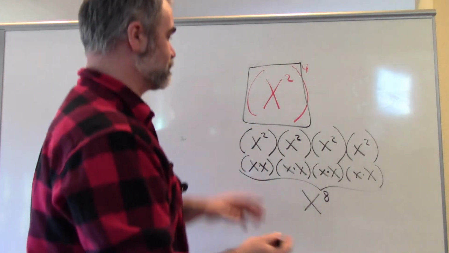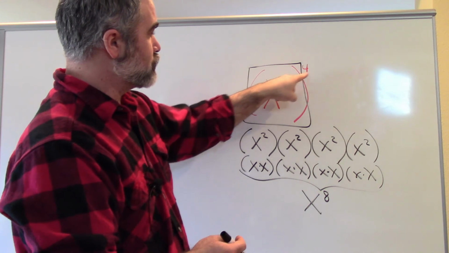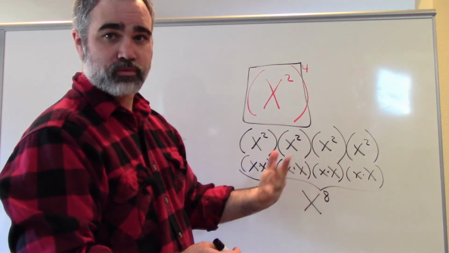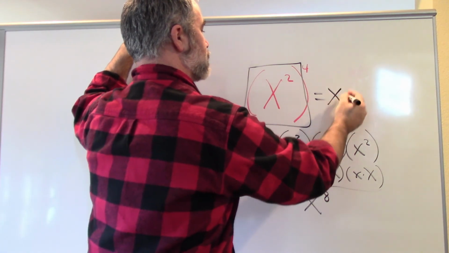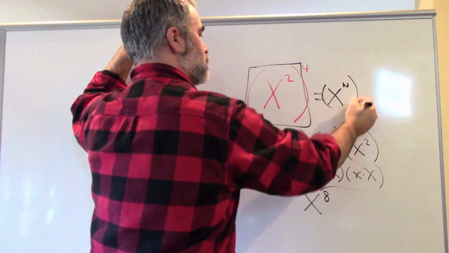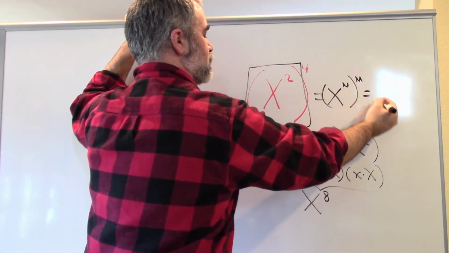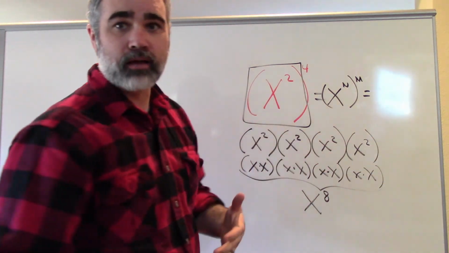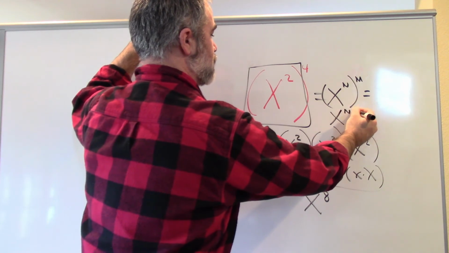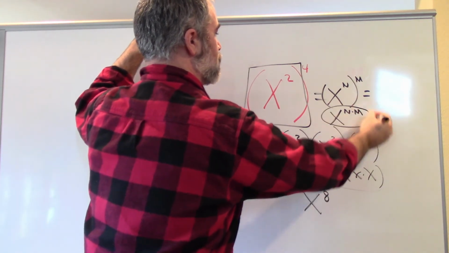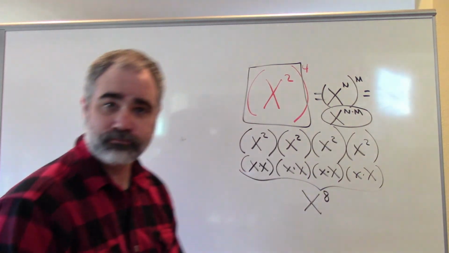So the rule is this. If you think about it, how do I go from 2 and 4 to 8? I go from 2 to 4 by multiplying. So if I have x to the n to the m, that's equal to, well, you guessed it, x to the n times m. I really hate that rule though.